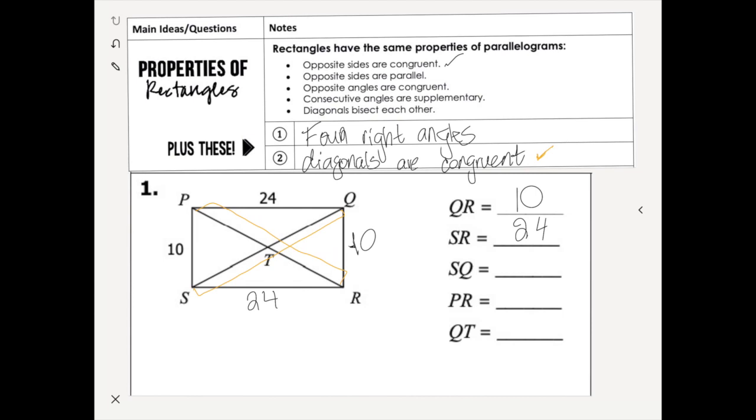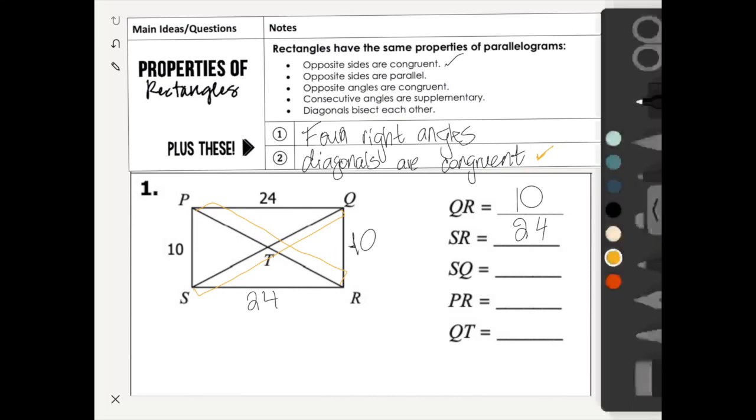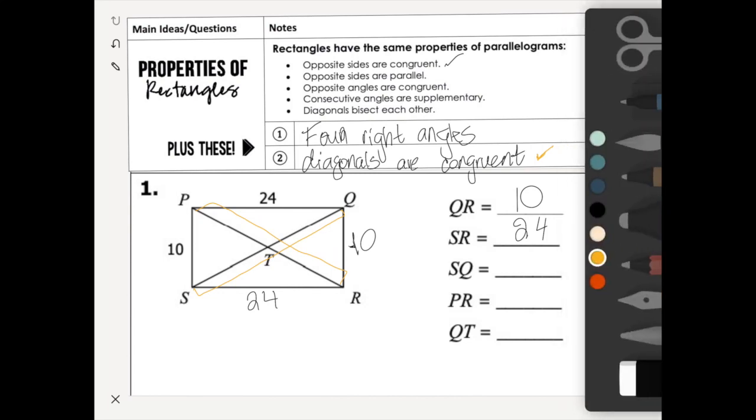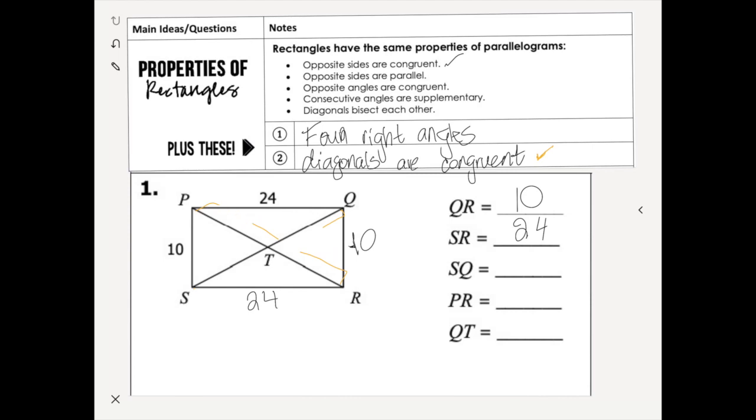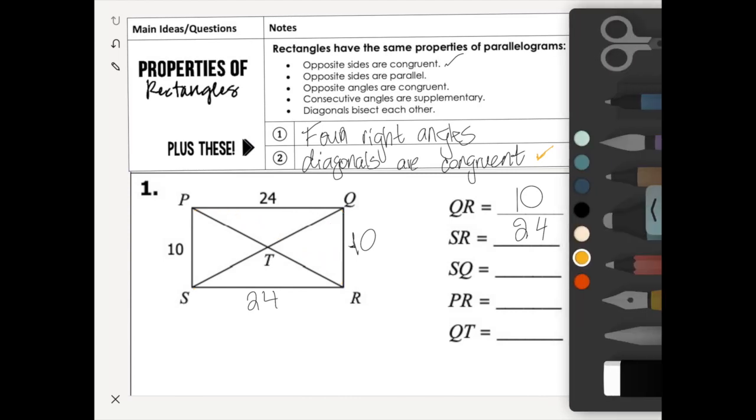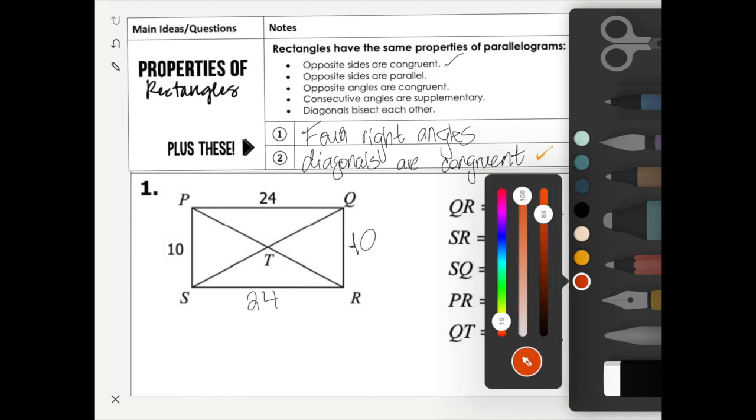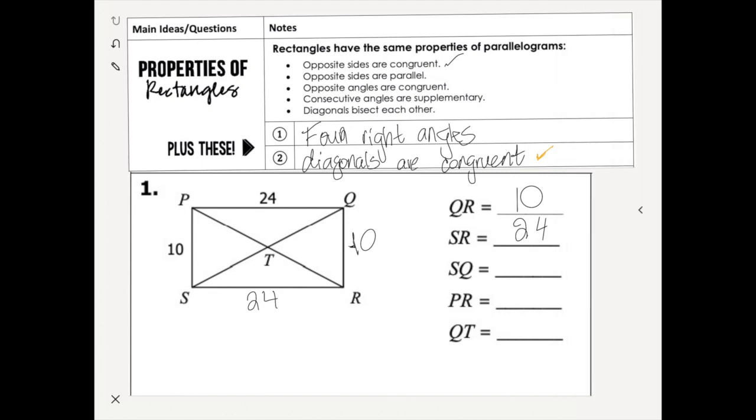So in order to find SQ, we're actually going to use something that we learned in the past called Pythagorean Theorem. So I'm going to erase these lines here. And I'm going to highlight and show you the two lines that I'm looking at. I'm actually looking at a triangle.